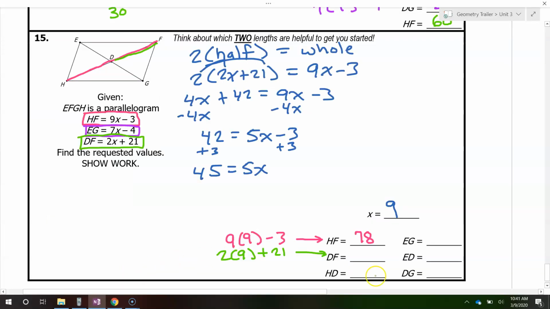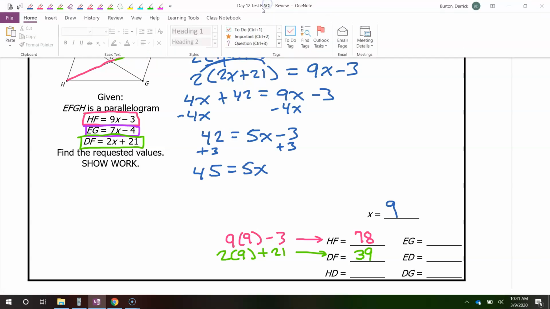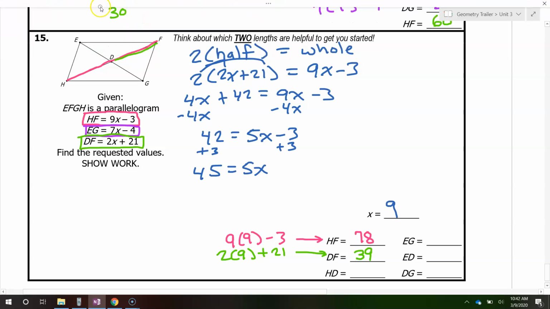That's 39. Okay, great. Now we also have an expression for EG. So I definitely want to go ahead and use that as well. Okay, EG, which is right over here.